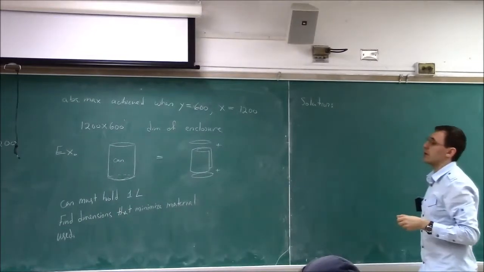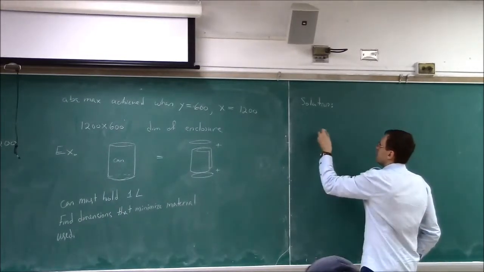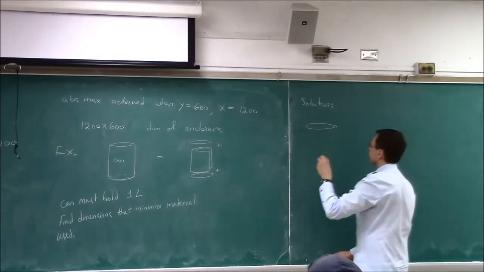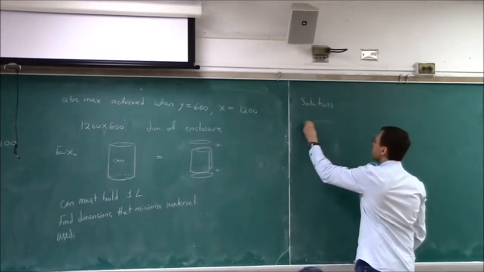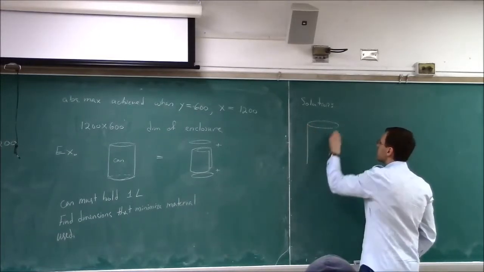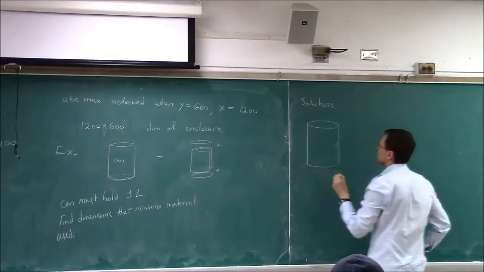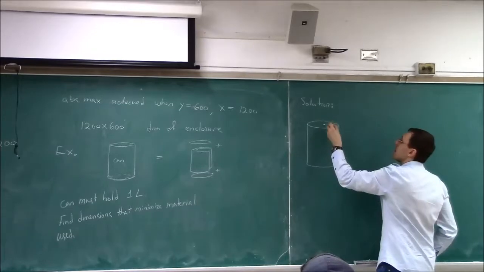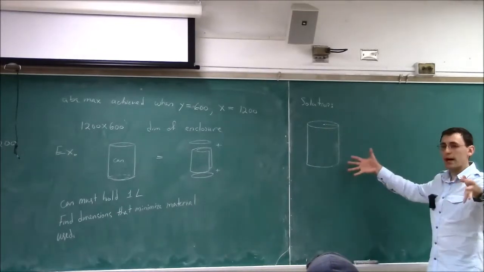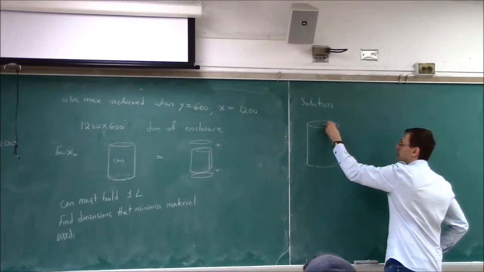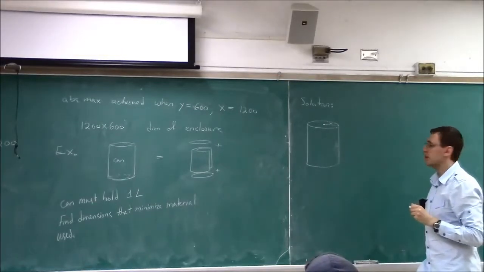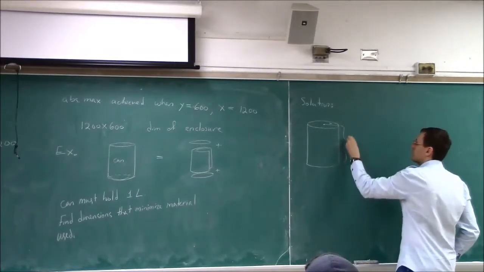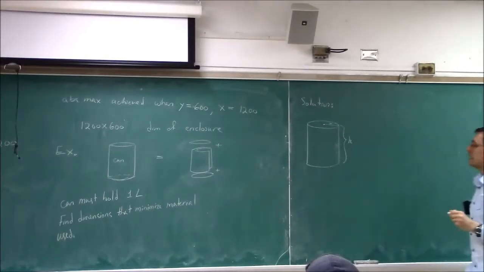So first of all, we want to know how we can control the amount of material in the can. If I look at the can, I have control of how wide it is, and that's controlled by the radius r, right? And I also have control of how tall the can is, and that's controlled by h.